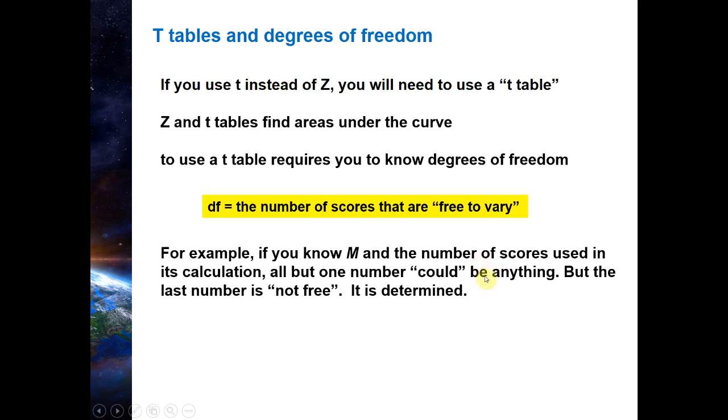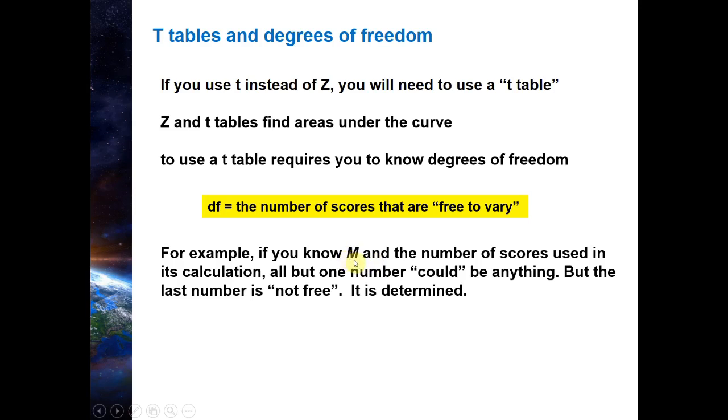Sometimes it's two, but usually it's just one. So when we're calculating the mean, all the scores making up the mean could be anything. But once you know what the scores are, the last number can no longer be whatever it wants. It's no longer free to vary.